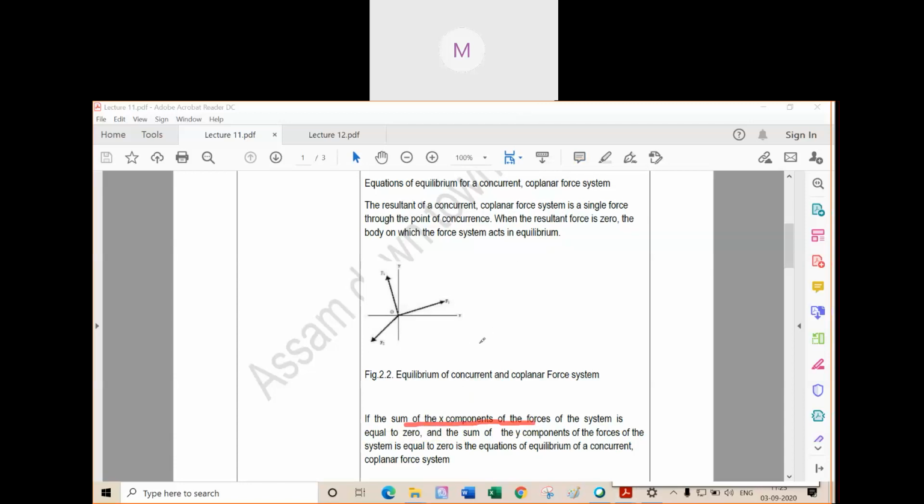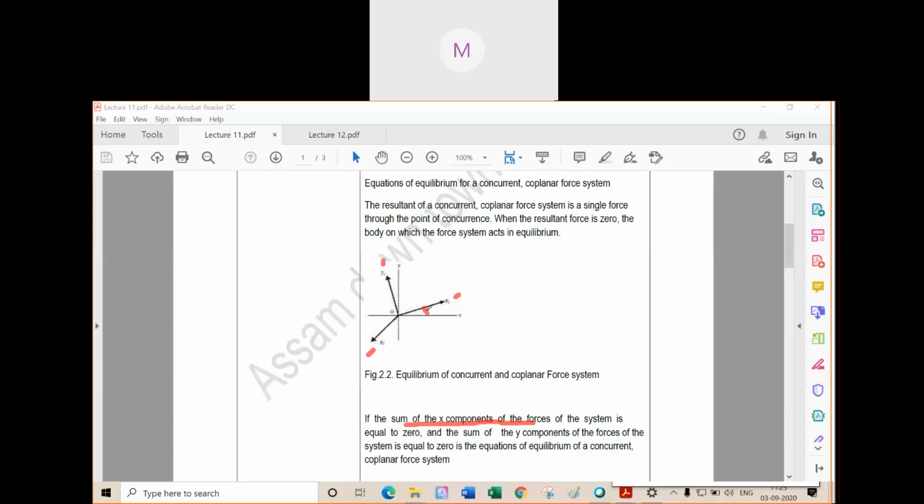These are F1, F2, and F3. You resolve them along the x-axis and find the sum. Suppose F1 makes an angle theta; then its x component will be this one.